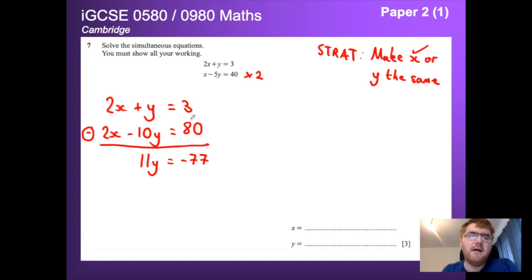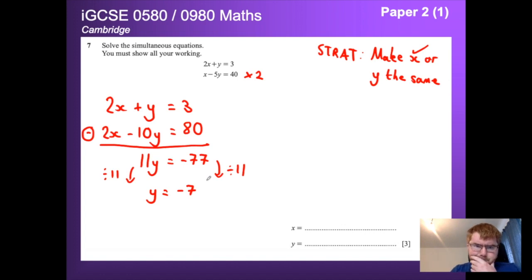Notice we're doing 3 minus 80, not 80 minus 3. At this point, well, we want to get the y on its own. So what's the opposite of timesing by 11? We want to divide by 11 on both sides. And if we do that, we're going to get y is equal to minus 7.